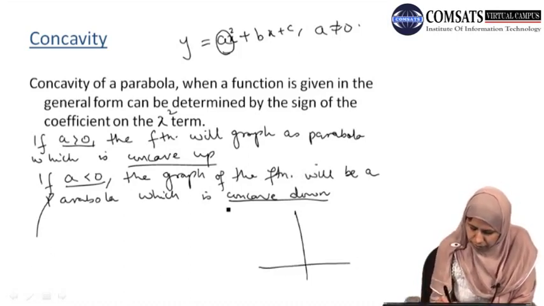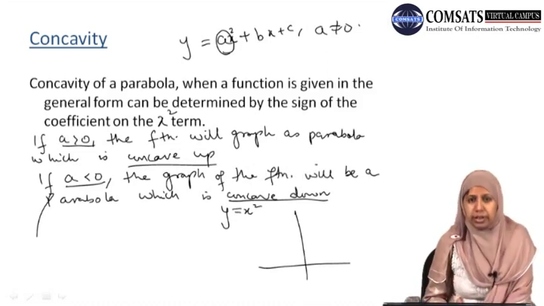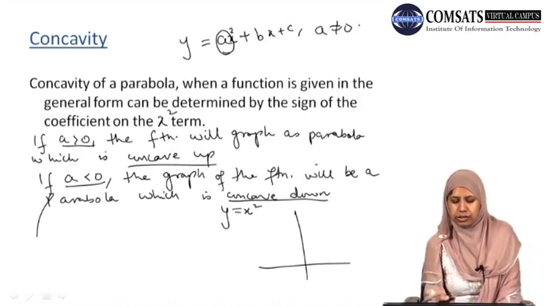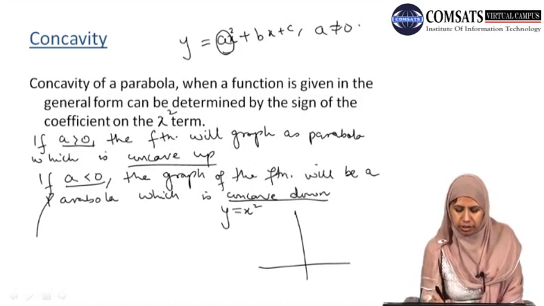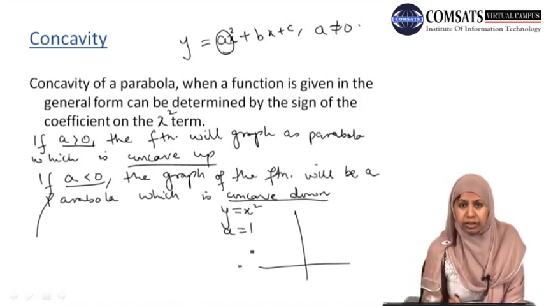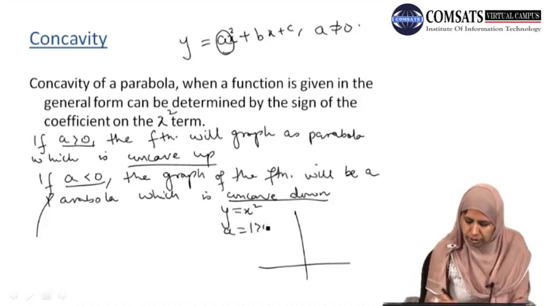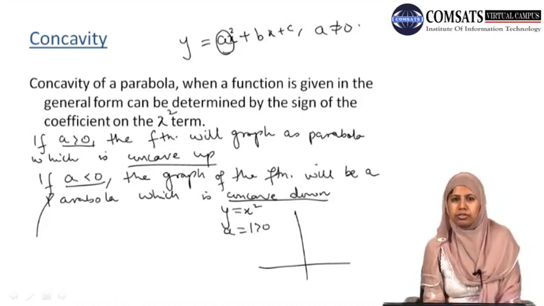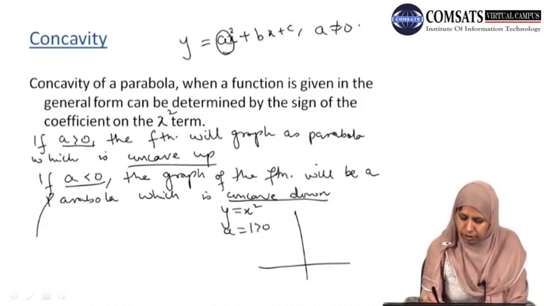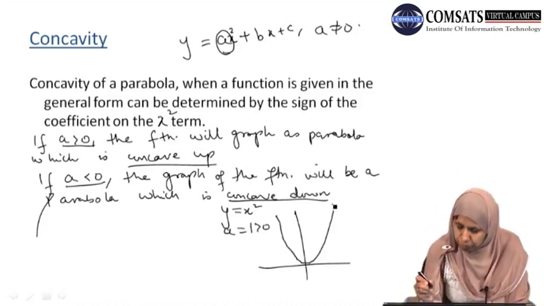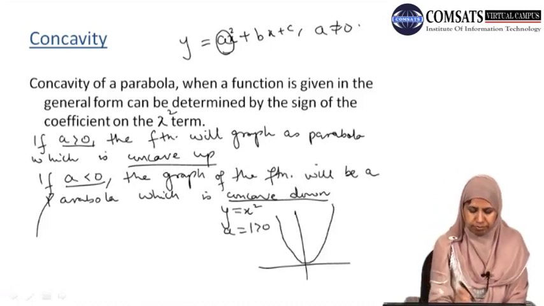For example, consider a function y is equal to x square. What is the coefficient of x square here? A is equal to 1. Is it positive or negative? Clearly it is positive. Then the graph of this function will be concave up, that is open from the top.